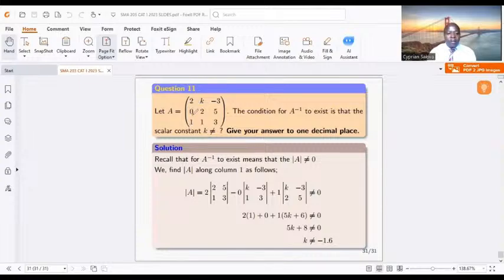This is plus minus plus, so plus 1 here, delete the row of 1 and the column of 1. k minus 3, 2, 5. Of course, this will give us 0. So k should not be 1, and should not be negative 1.6.